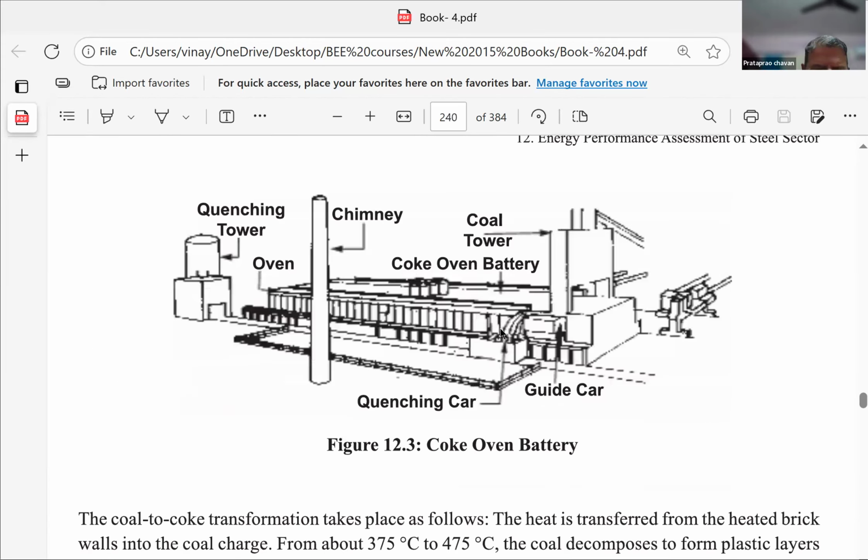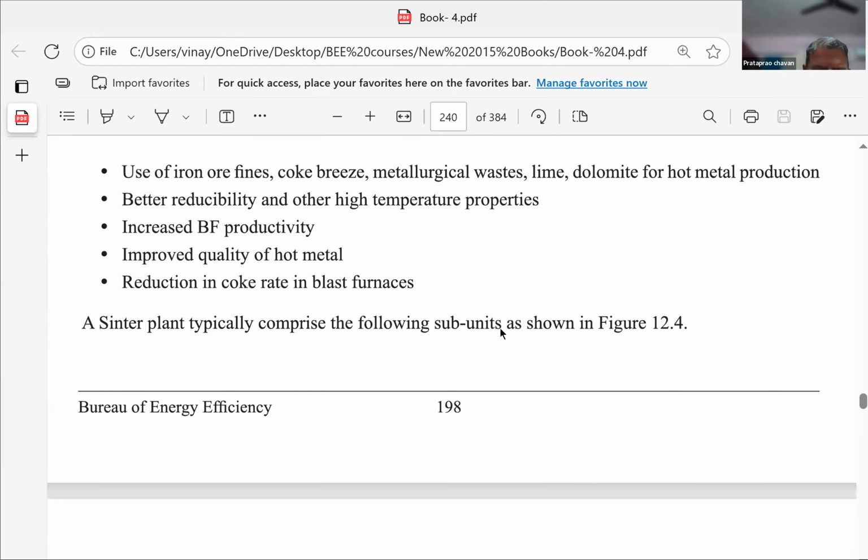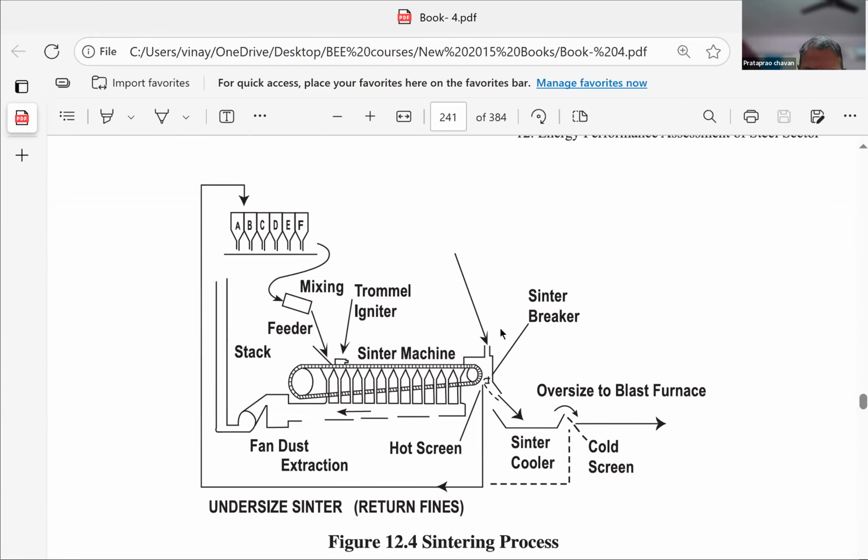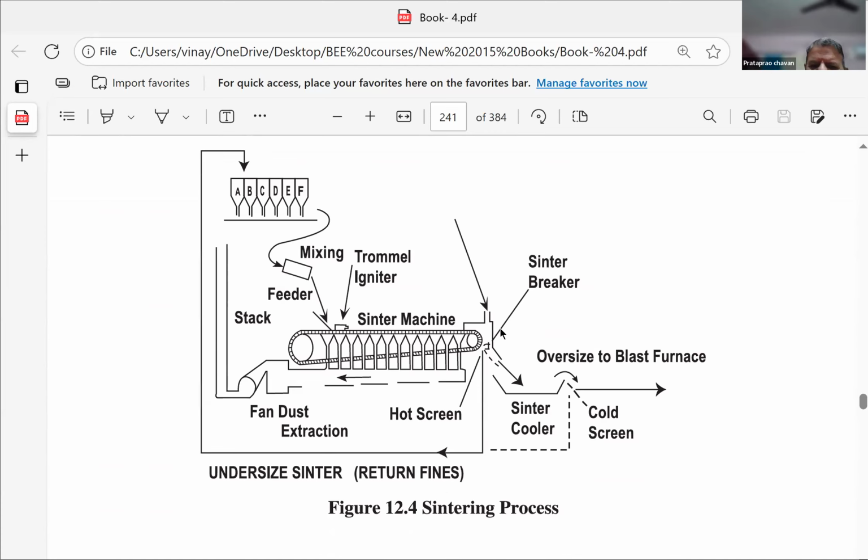Okay, then what we were discussing, sintering. This is the process of sintering. What does it mean? From mining, whatever fines are there, the iron ore dust, are in different bunkers.